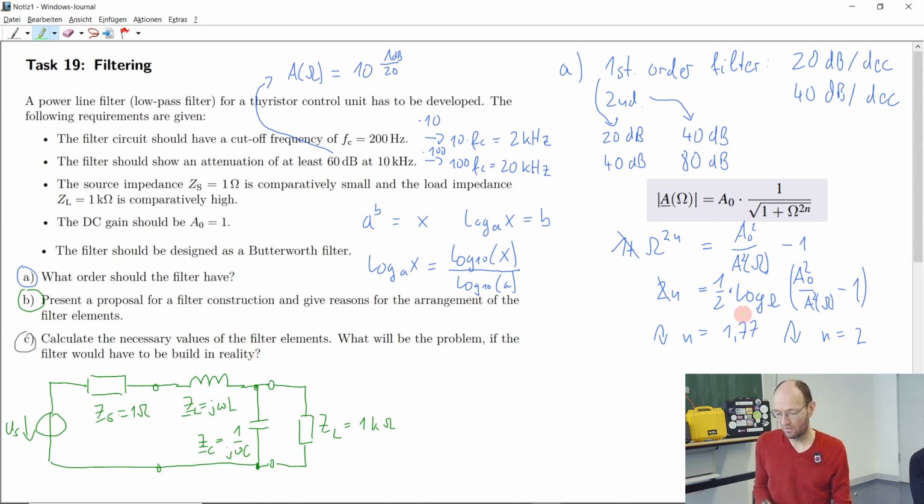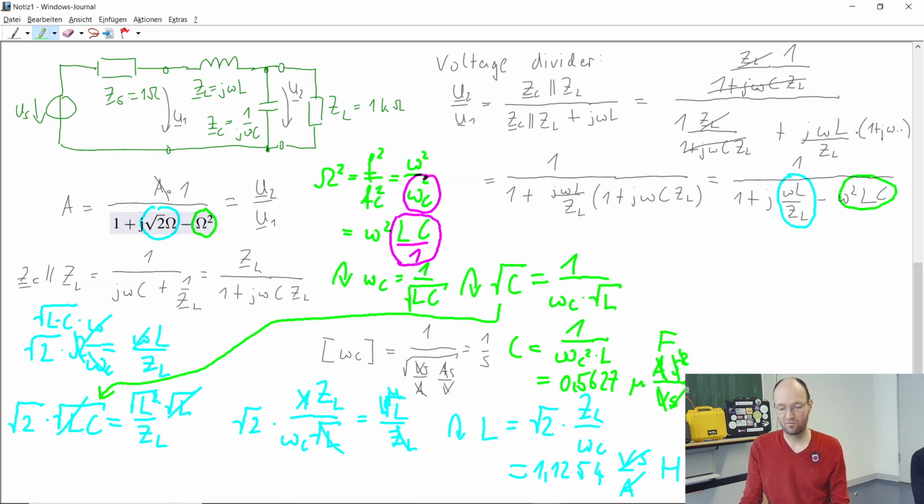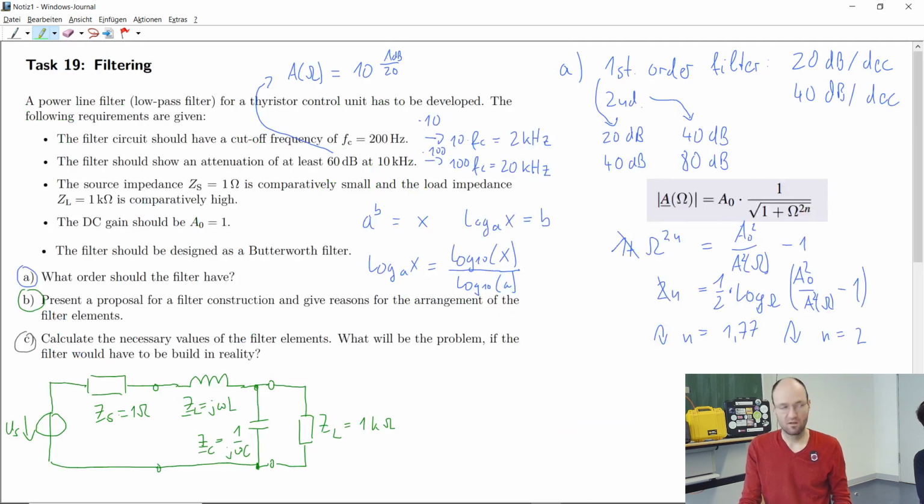And so now we can maybe quickly discuss what would be the problem if we build this filter in reality with these values. It's a super big inductor, and it's also a quite big capacitor.